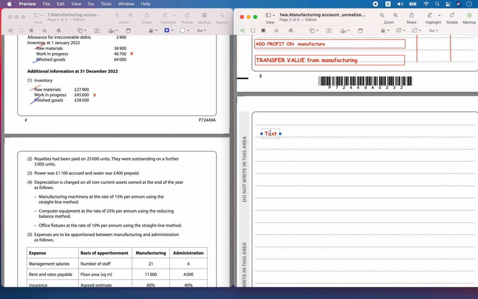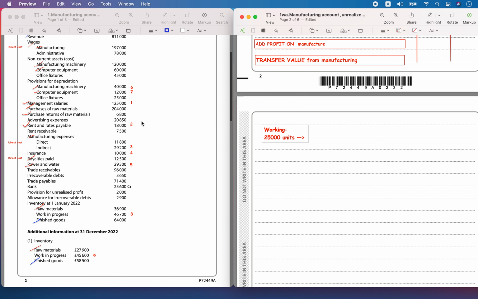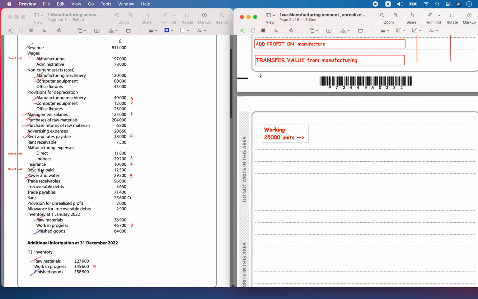We had to calculate. For 25,000 units, the royalties paid amount was 12,500 pounds.